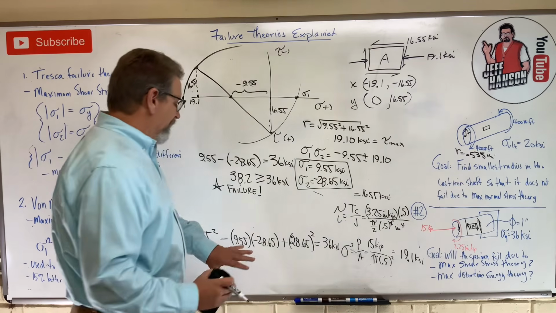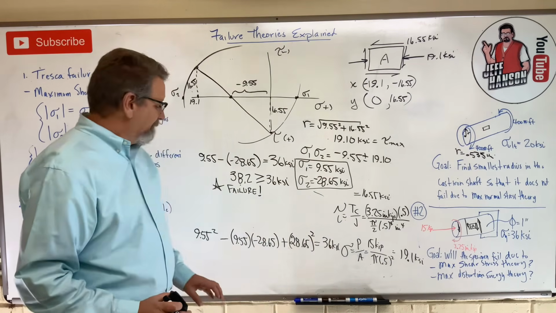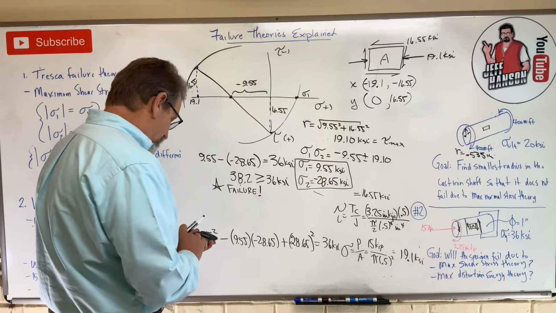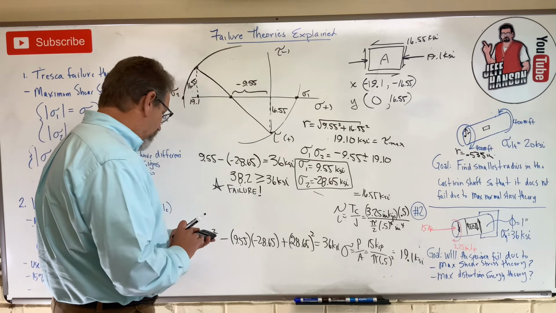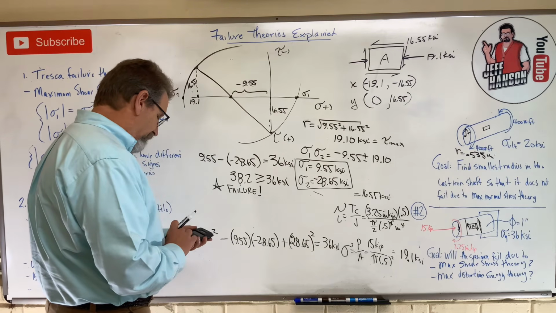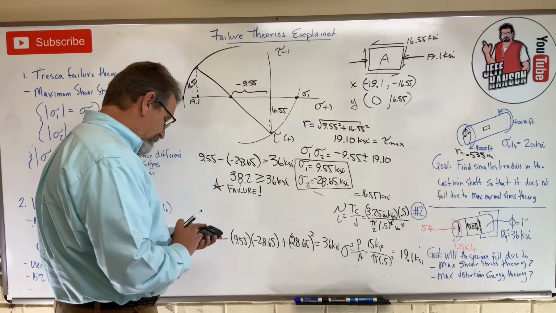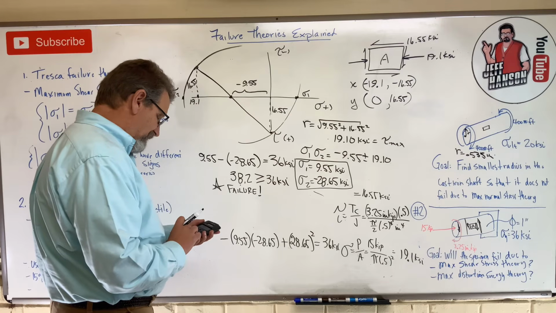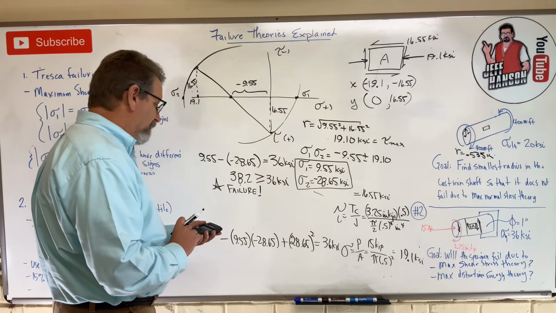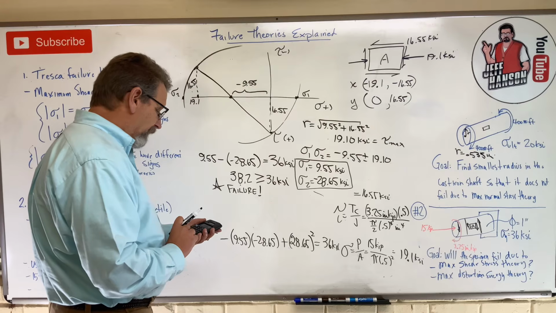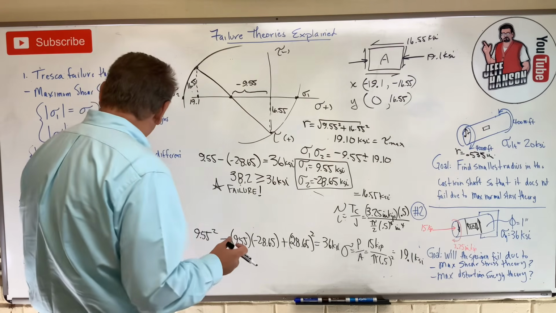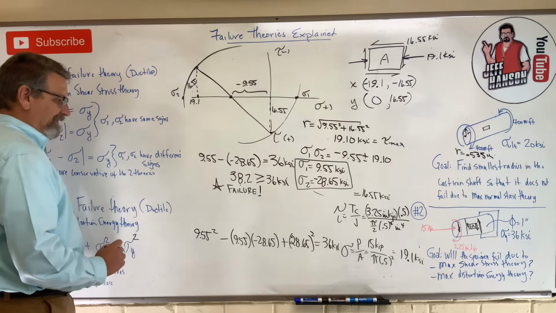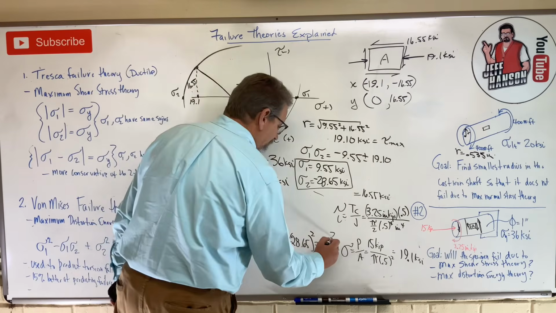Okay? So is this failure? Is this going to be bigger than 36? It's going to say fail. If it's less, we're okay. All right, so let's go. 9.55 squared plus 9.55 times 28.65 plus 28.65 squared equals 1185. Oh yeah, I forgot one thing. This has to be squared right there.